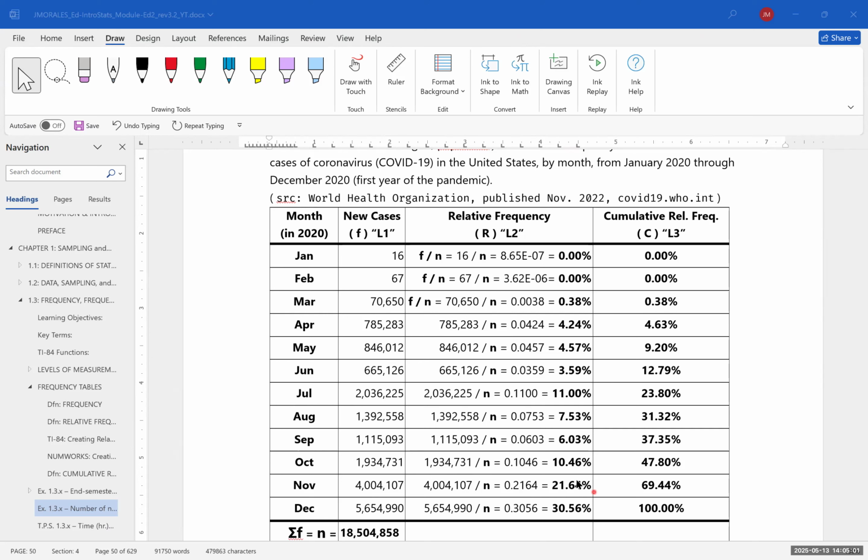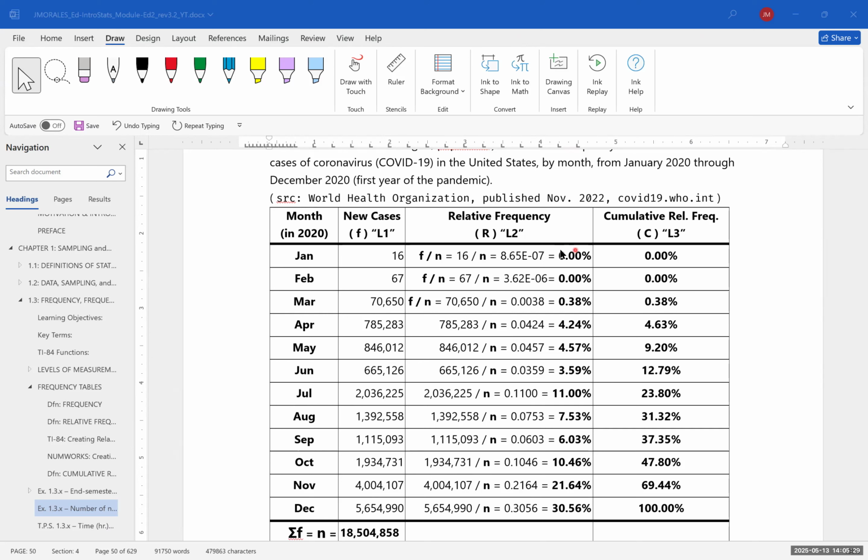So you can see it doubling here a little bit easier. And then finally, going up as high as a relative frequency of 30%. So almost a third of all of the new COVID cases happened in 1 month all by itself. Almost 1/3 of all new COVID cases were in December compared to the rest of the year.